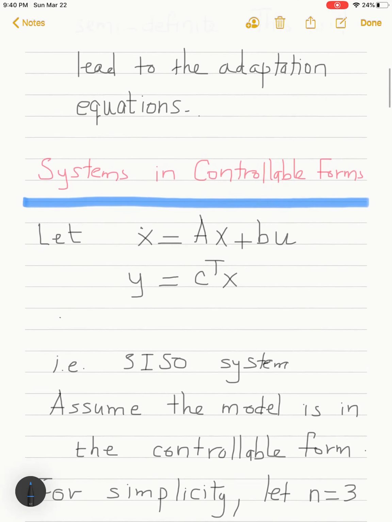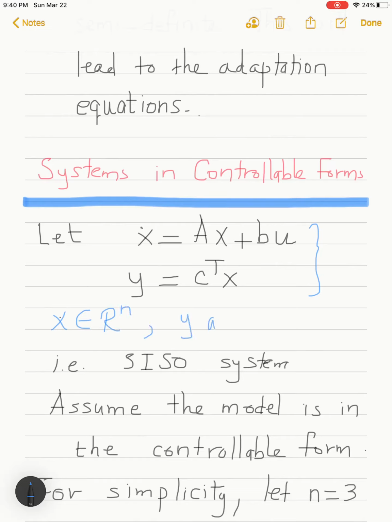Now let's consider a state space model in the usual form: x dot equals Ax plus Bu, y equals c transpose x. I'm going to assume that x belongs to a space of dimension n, while y and u belong to a space of dimension 1.